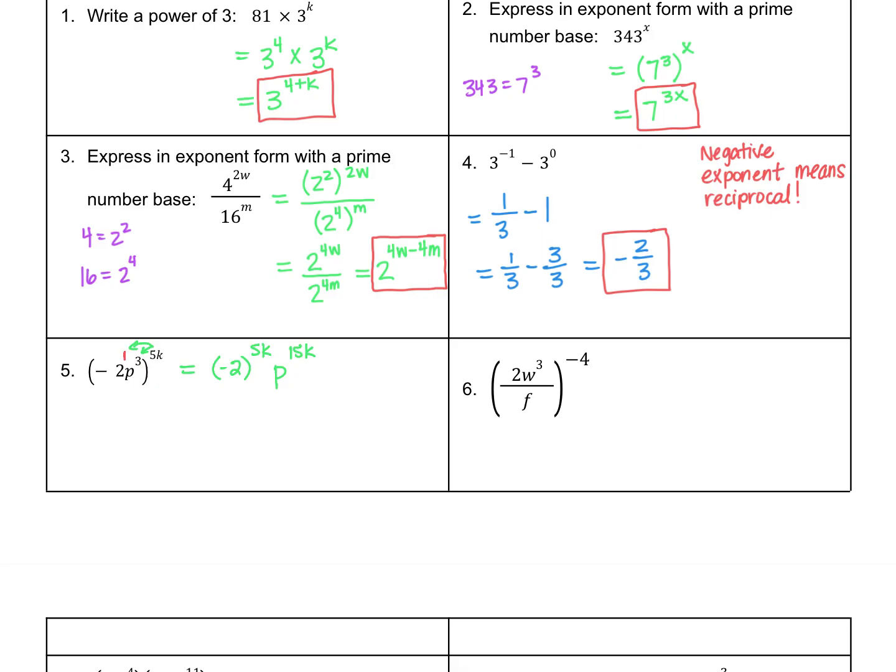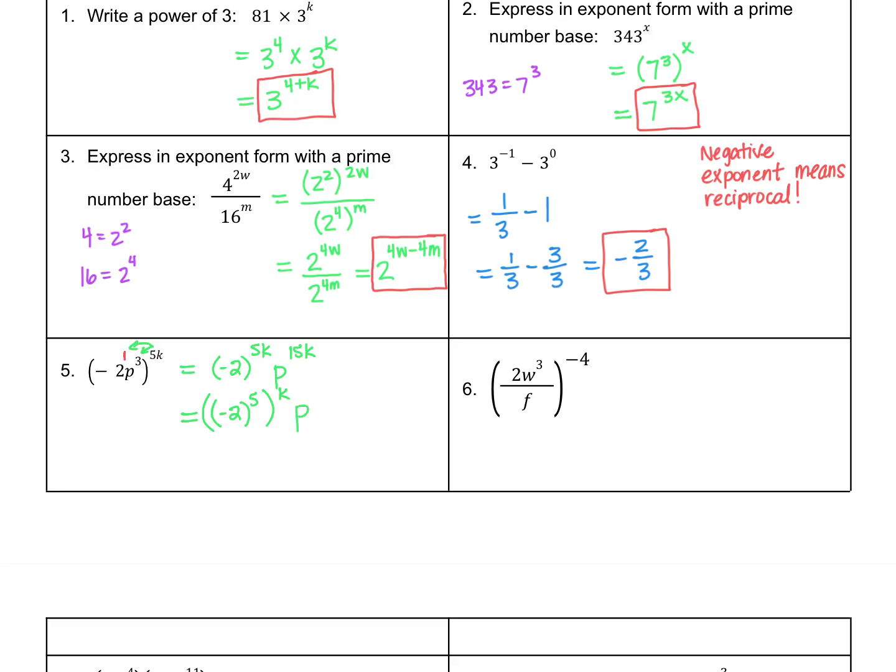We cannot simplify this any further. And actually, we can simplify it a little bit further, because we know that -2 to the 5th power, I can write it as -2 to the 5th power to the power of k.